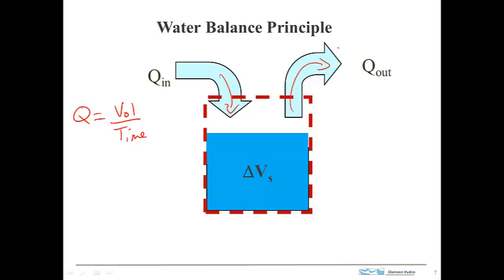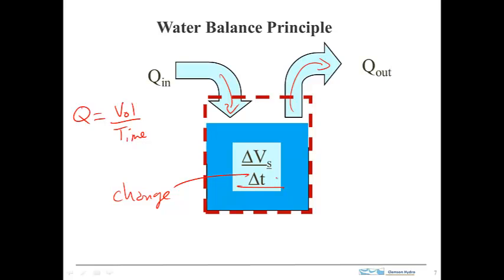And so we are interested in the rate of change of this water stored in the control volume. So there's a delta. I'll use that to mean change. So this term here is the change in the volume stored. And if we're interested in the change in the volume stored in a unit of time, then we get this thing here, which is the rate of change of the volume stored.